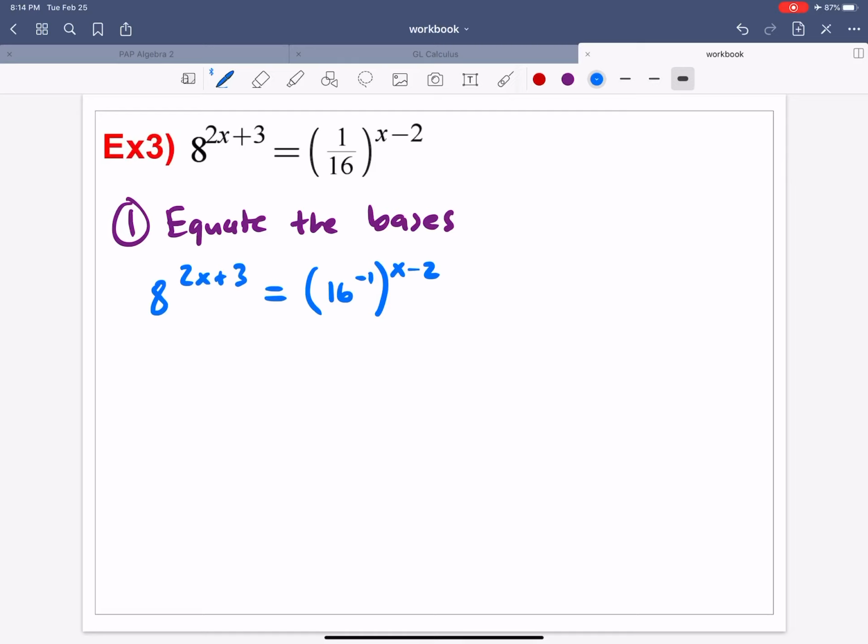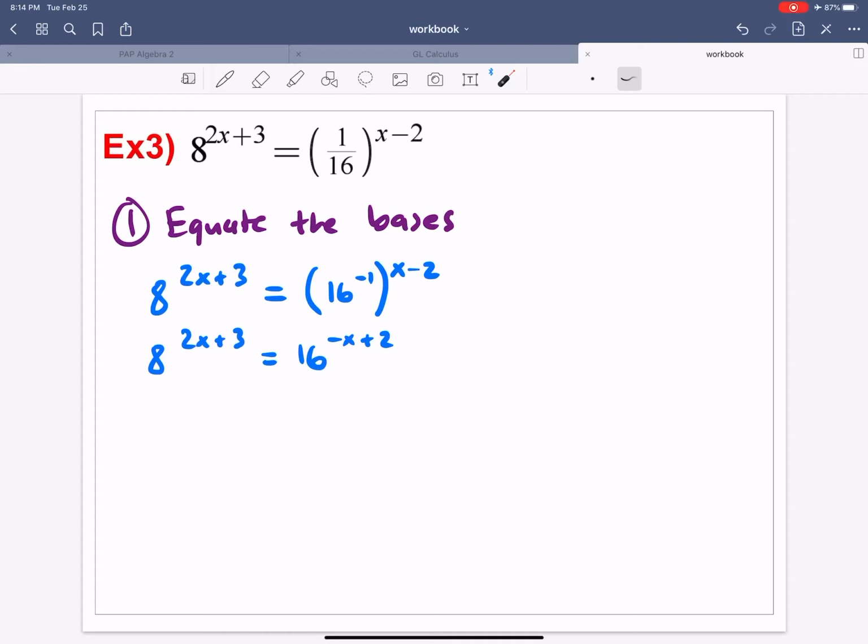So now that we see that, we could rewrite this as 8 to the 2x plus 3 equals 16 to the -x plus 2, as I multiply these two exponents together, okay? So now, before I can equate the exponents, I need to get the bases to be the same. So you've got an 8 and you have a 16.